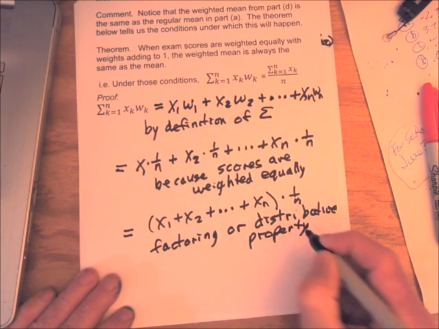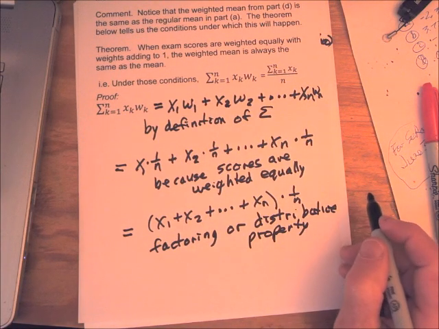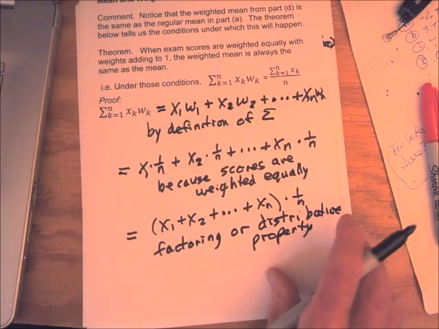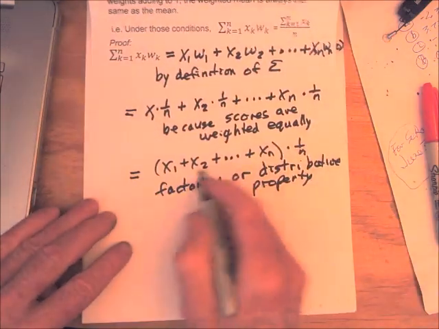We're kind of using the distributive property in reverse. And then we can go back to sigma notation, so we can use sigma notation to represent the sum.